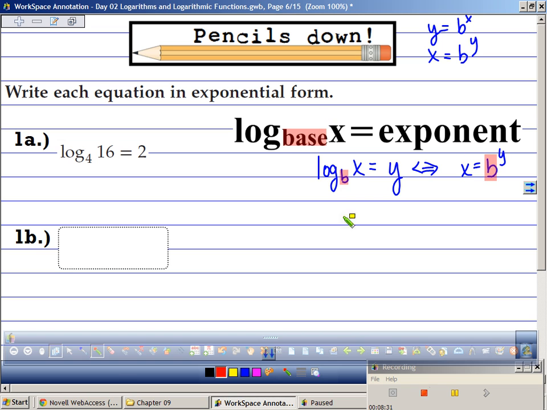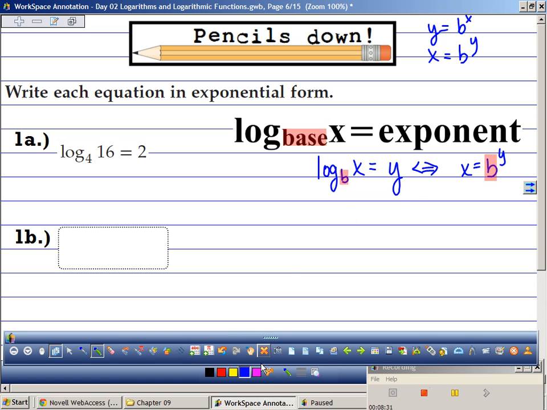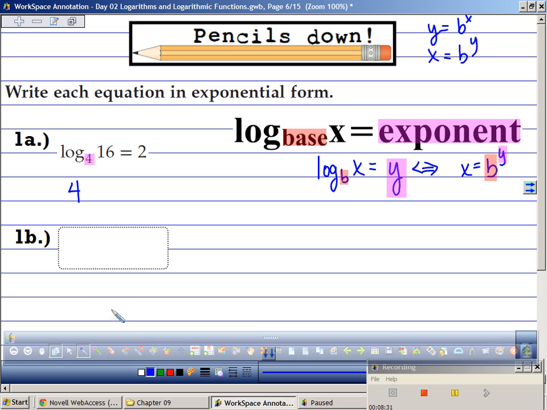I'm just going to concentrate on base and exponents. Here's your exponent, right here, right? All right, so first thing I'm going to highlight here is my base. I'm going to begin with my base. My base is 4.